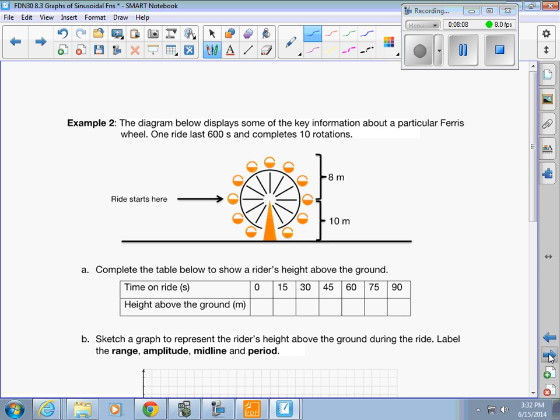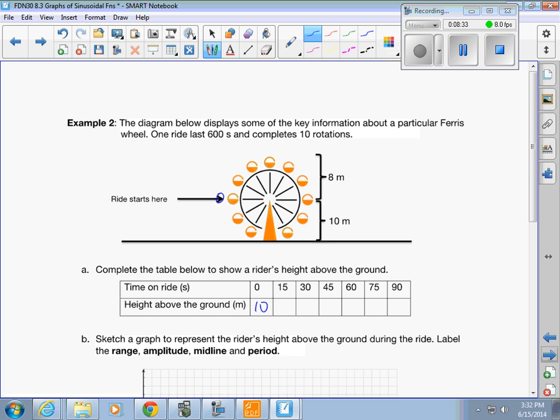So time on the ride at 0. If this is 0 here, then he is at 10 meters. Now 15 seconds into the ride, we need to figure out where he is.